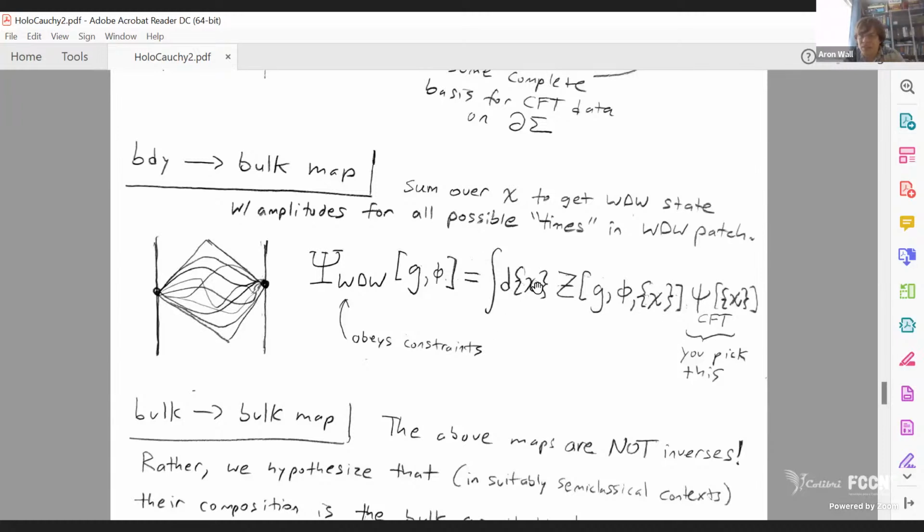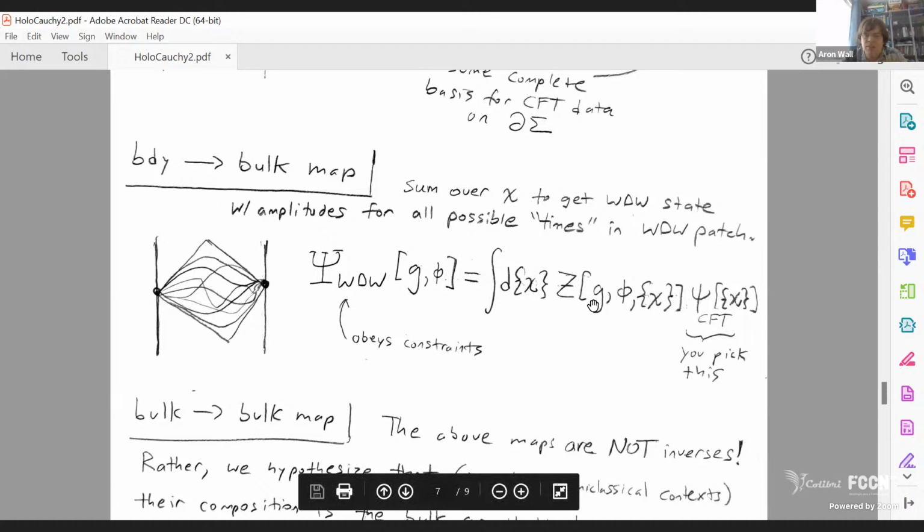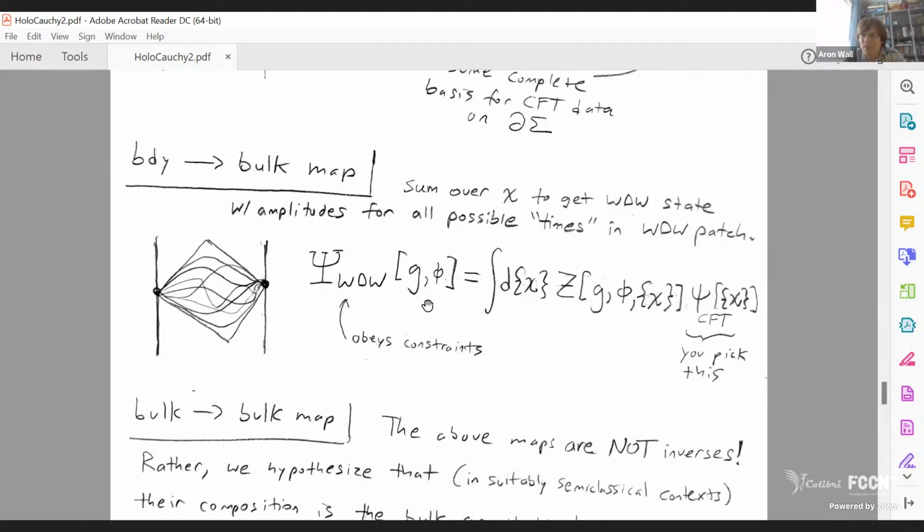I've written this as an integral here, but depending on whether chi is a discrete or continuous basis, it could end up being a sum or an integral depending on your convention there. So the end result, you have something that now just depends on g and phi, so it's a wave function of these spatial variables. And that wave function, by the argument we just went through, satisfies the constraint equation. So it includes all possible kinds of the bulk that glue onto this boundary.